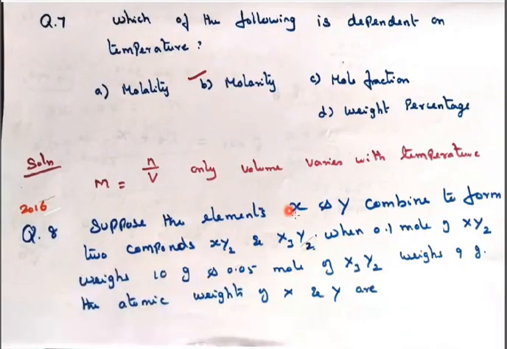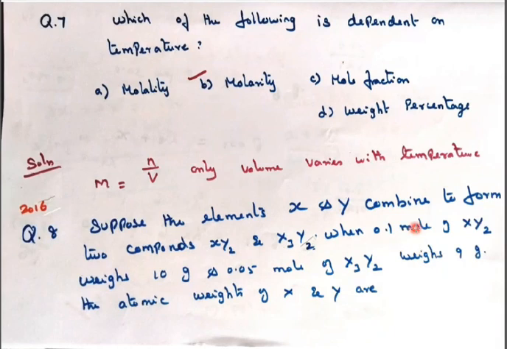Suppose the elements X and Y combine to form two compounds, XY2 and X3Y2. When 0.1 mole of XY2 weighs 10 grams and 0.05 mole of X3Y2 weighs 9 grams, what are the atomic weights of X and Y? Here they have given moles and weight.